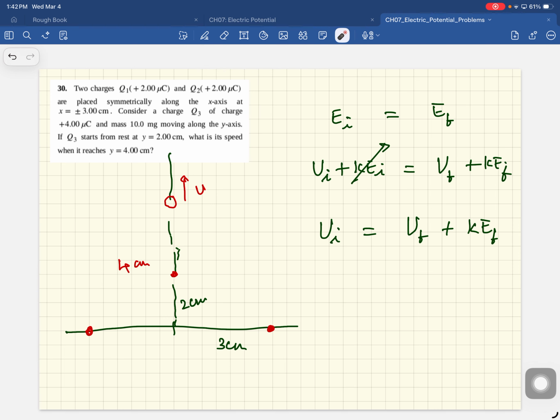R final is the square root of 3 squared plus 4 squared, 9 plus 16, 25, 5. So this distance is square root of 13, this distance is 5 units.